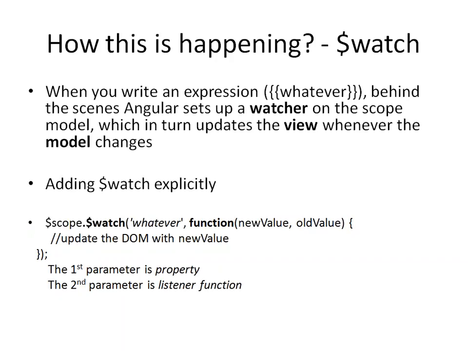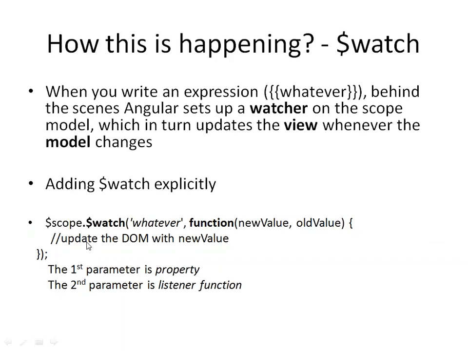It's a common technique used in game engines and others. Dirty checking keeps checking whether the previous value is equal to the current value. If something has changed, something has to happen. When you write an expression within the curly braces, behind the scenes Angular sets up a watcher on the scope model, which in turn updates the view whenever the model changes.